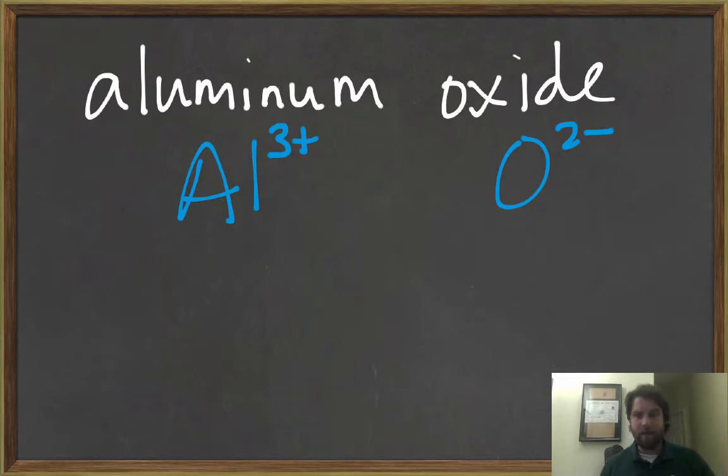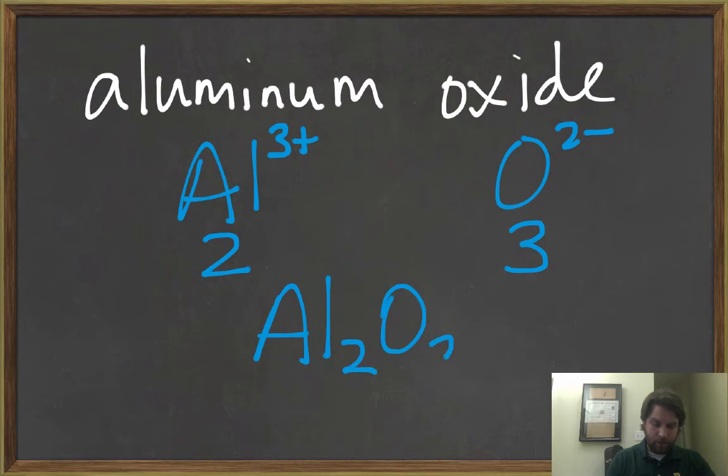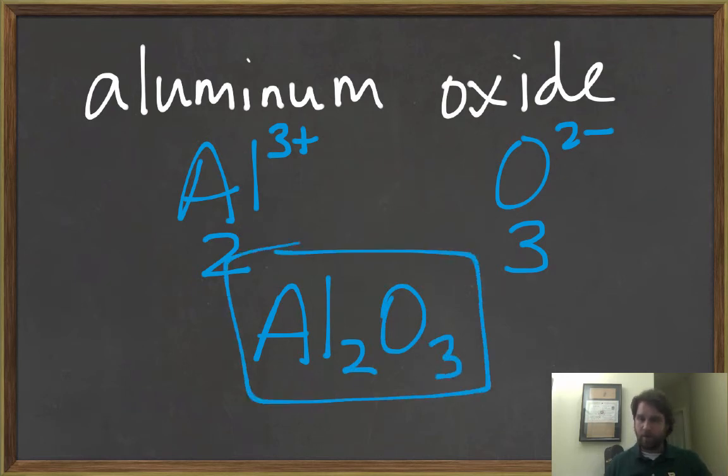You could look at the least common multiple of 3 and 2, which is 6. If we want the positive charge to be 6, we would need 2 aluminums. And if we wanted -6 over here, it'd be 3 oxygens. You see 3 times -2 is -6, 2 times +3 is +6, and +6 and -6 add up to 0. So that would be 2 aluminums and 3 oxygens. Pretty easy so far.